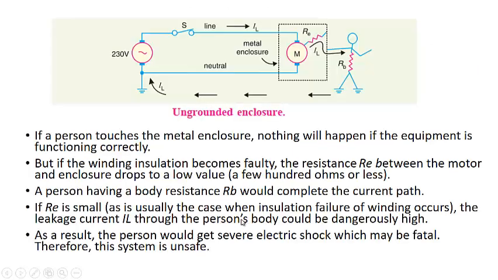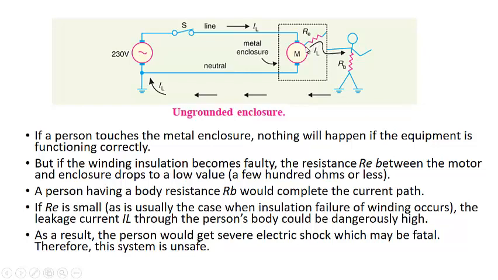Let us discuss this. Let us say we have a generator, we have the transmission line, or we can say simple wires over here. We have a machine or a motor. This resistance is actually a fictitious resistance between this motor and its casing. Normally its value is very high.